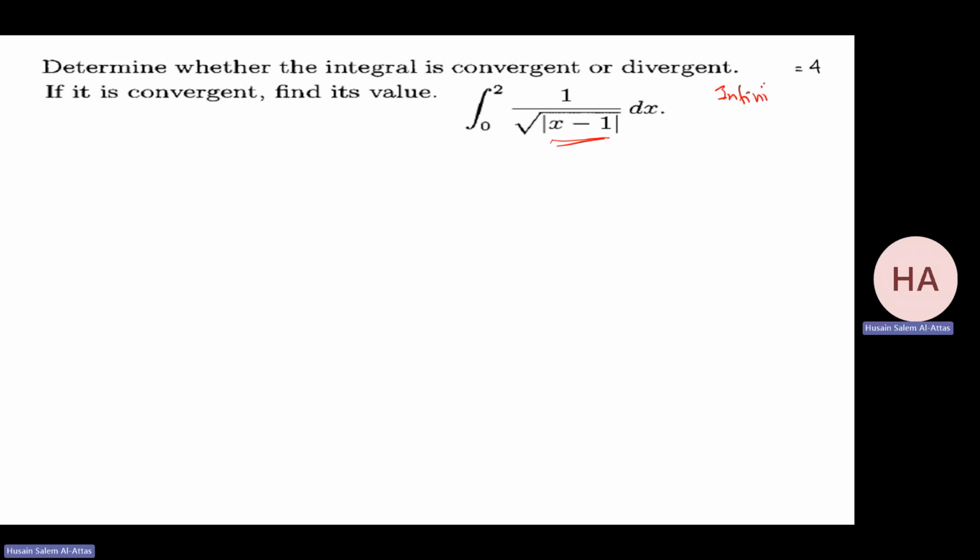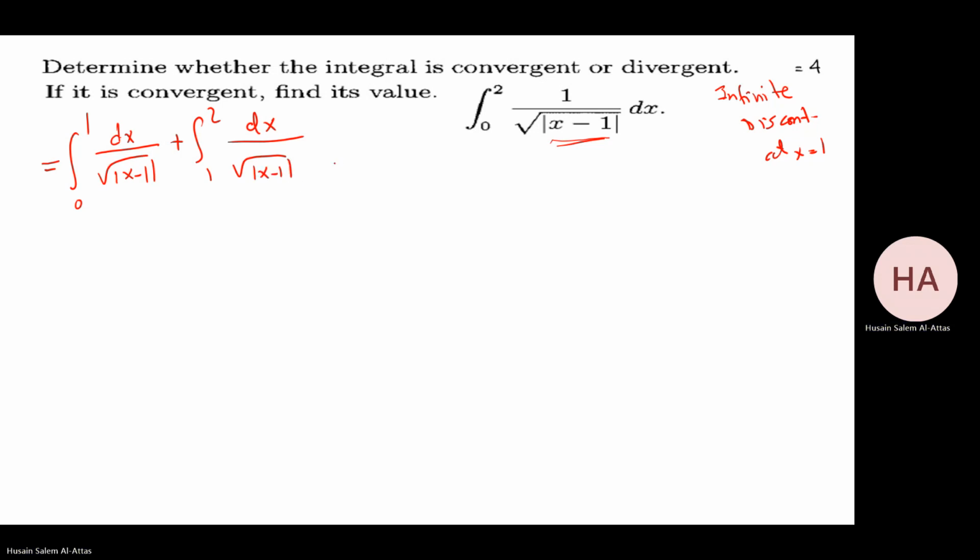We have an infinite discontinuity at x equal 1. So it means I need to split this into 2 parts: from 0 to 1, 1 over square root x minus 1 dx, plus 1 to 2, dx over square root x minus 1.